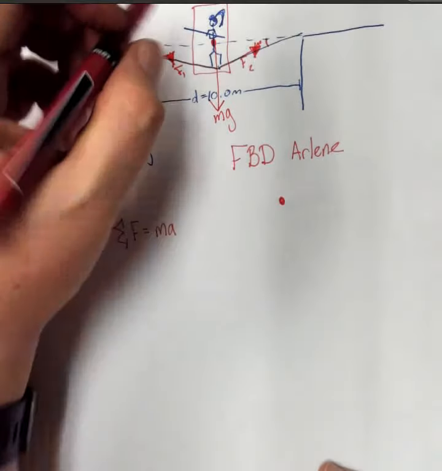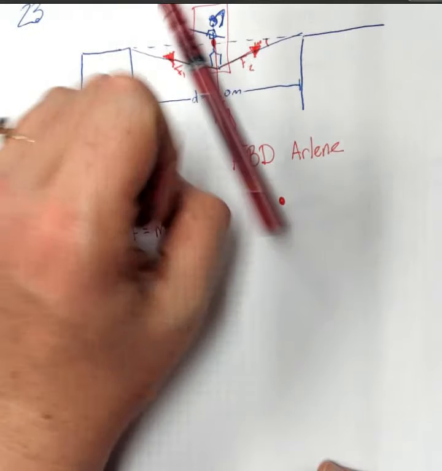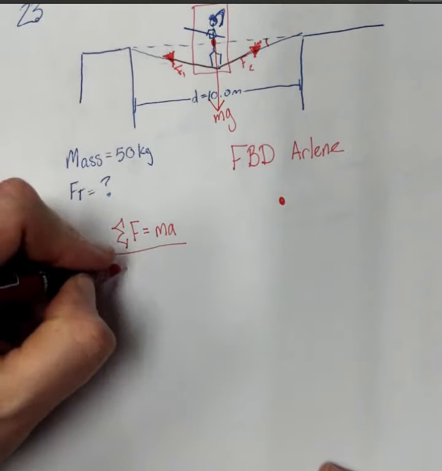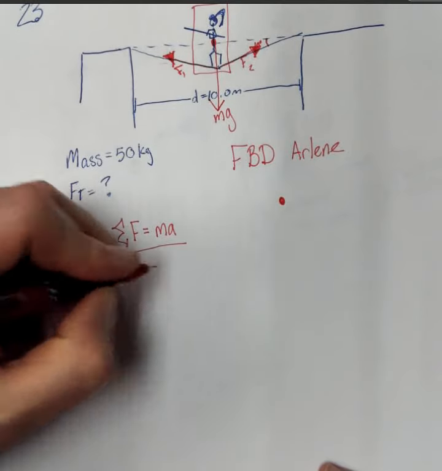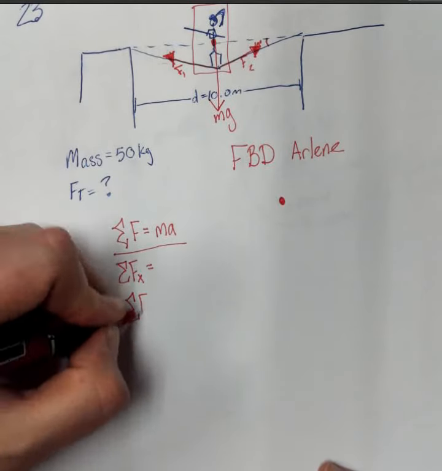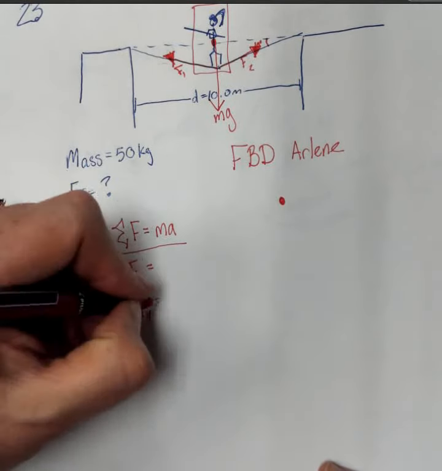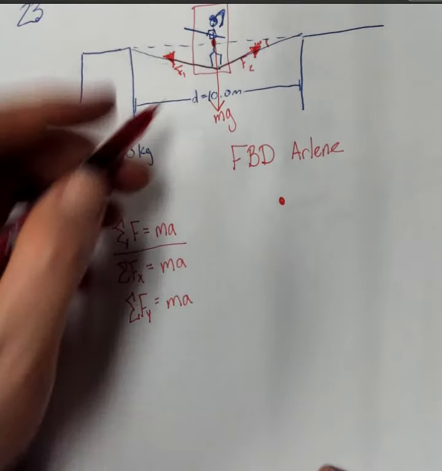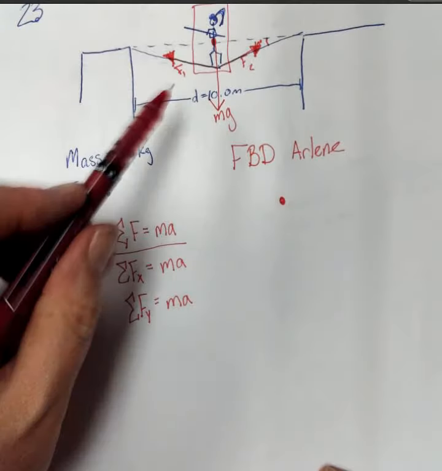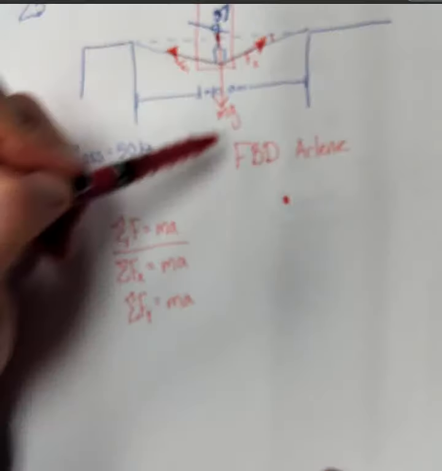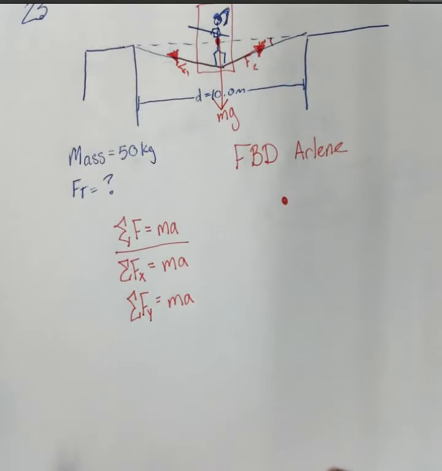And if you take a look, you can tell that all of the forces are happening in 2 different dimensions, which means that you're going to have to separately resolve the sum of all forces in the x direction and the sum of all forces in the y direction. And both of those sums will equal mass times acceleration, which means that you're going to have to figure out from your free body diagram, which includes the force of the rope balancing her out and her weight pushing down, what the components in the x and y direction are going to be.